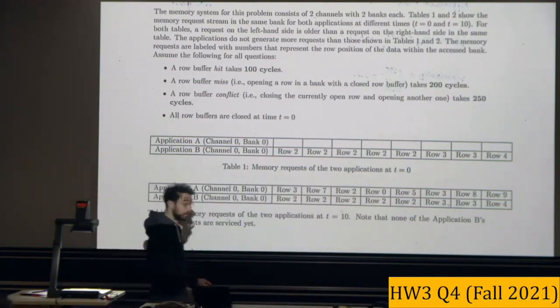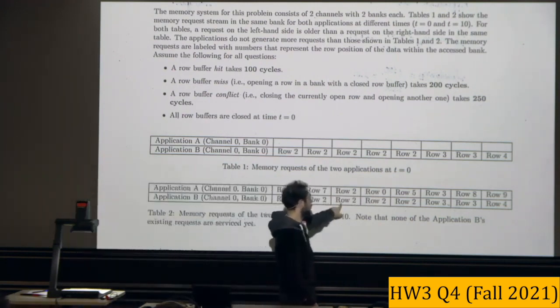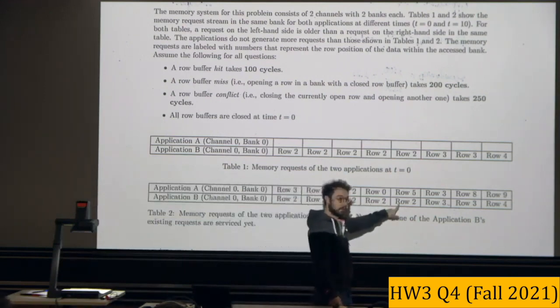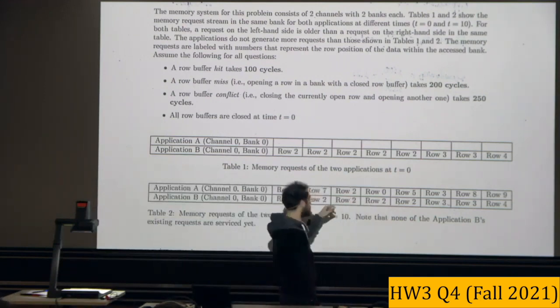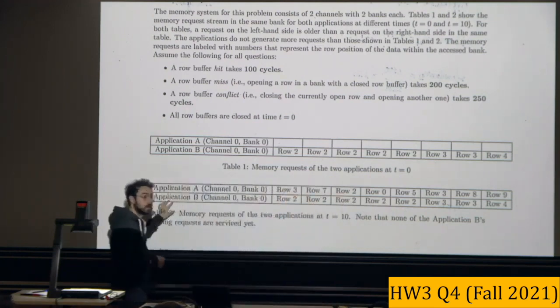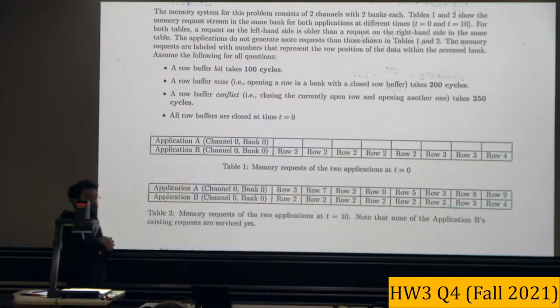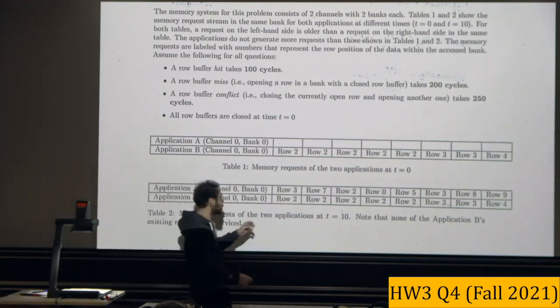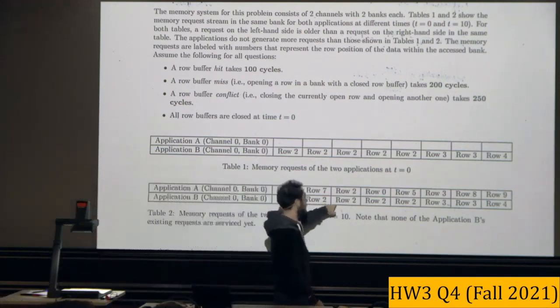So if we do 5, it's 1, 2, 3, 4, 5. Application B is blacklisted. We execute row 2, and then the same thing. So application B will be blacklisted if the threshold is below 6. So we need to at least have n equals 6, because if we have n equals 6, we will do 1, 2, 3, 4, 5.